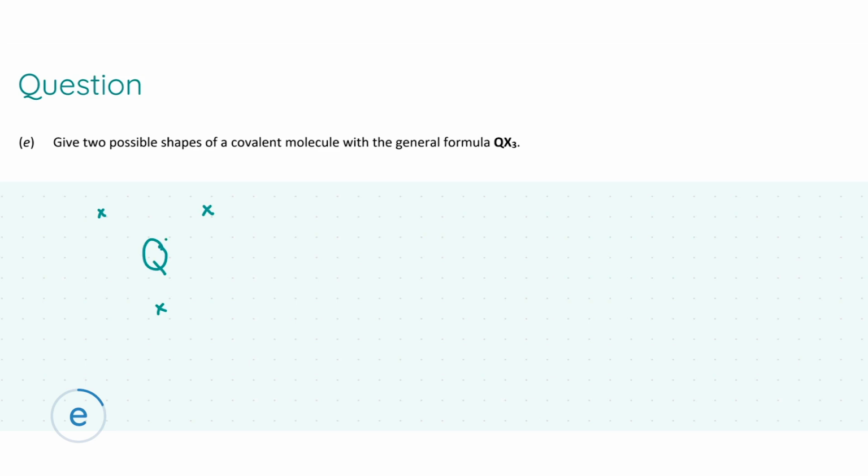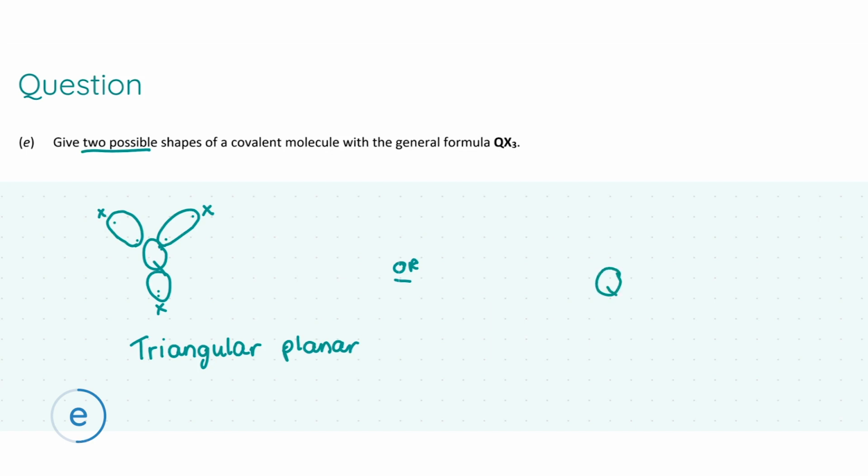So the first one can be triangular planar, like so. That's our first shape, triangular planar. I'm going to write that here. The second shape, because it asks us to give 2 possible shapes, is going to be pyramidal. That is when you have your central atom that has 5 electrons in its outermost shell.